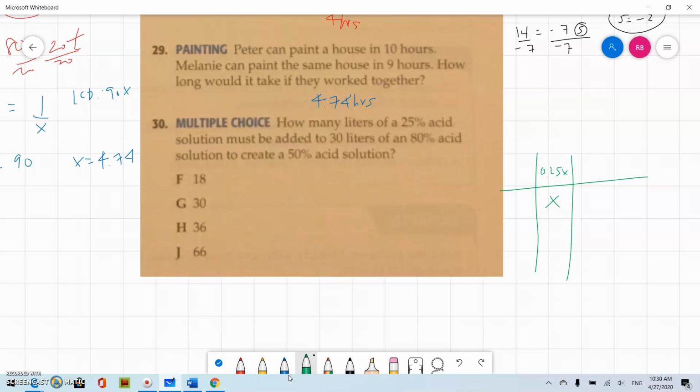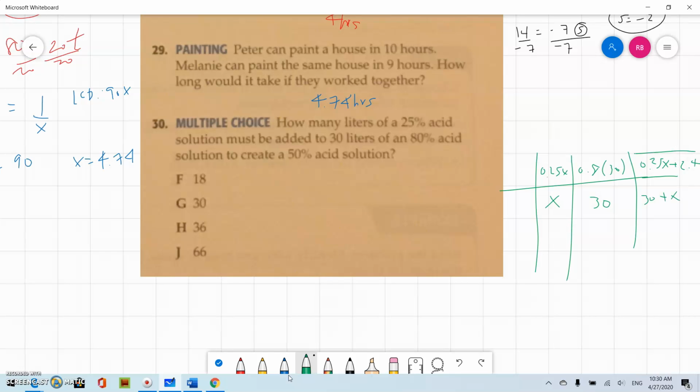And then I'm adding it to 0.8 acidity with 30 liters. And when you add them together, I want it to be 0.5, right? So it would be 30 plus x, and this one would be x plus 30. So we set it up this way.